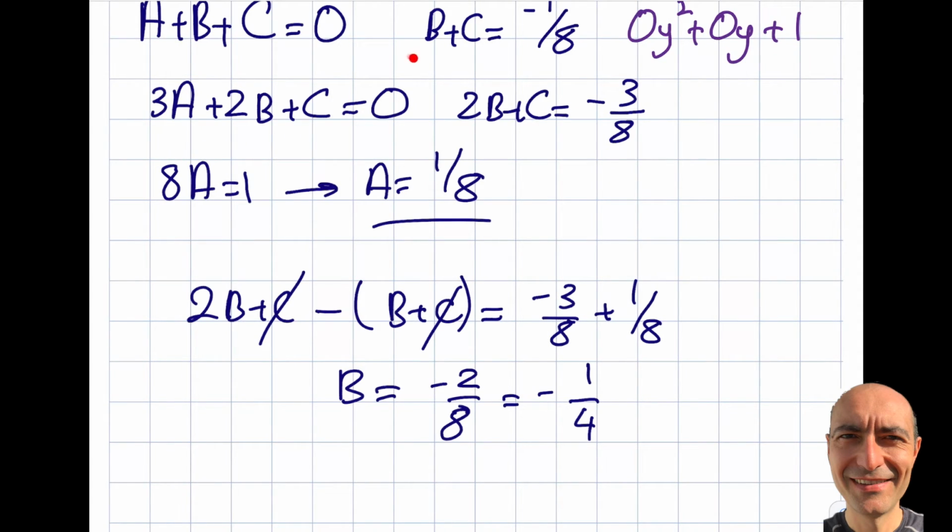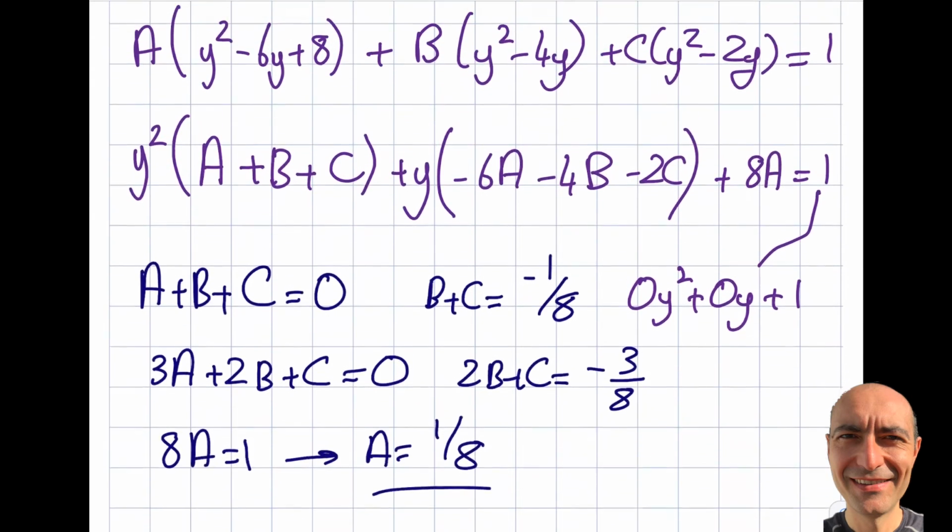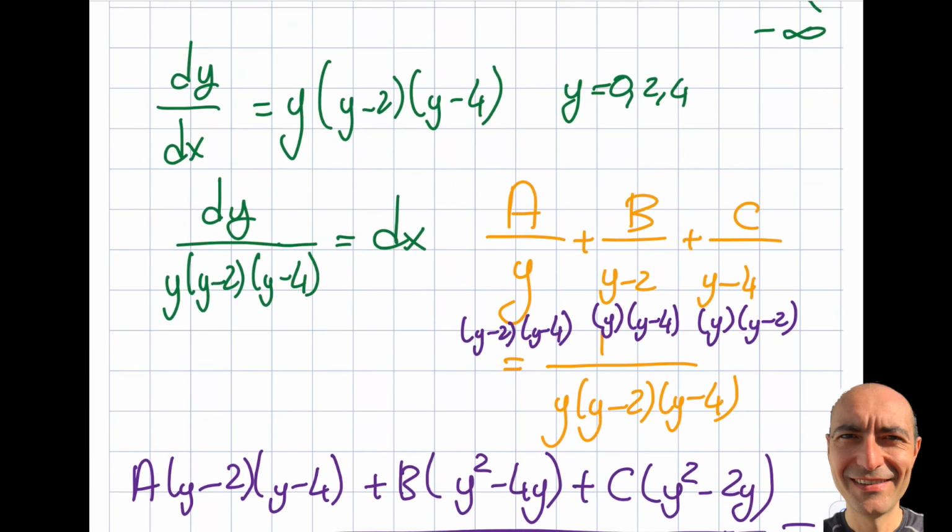And then I can use maybe this equation. I know b is minus 2/8, so minus 2/8 plus c is equal to minus 1/8. So from here c is equal to minus 1/8 plus 2/8, so c is equal to 1/8. This is what I get. And I go up over here. What was my main goal is to obtain this, and I did obtain this now.